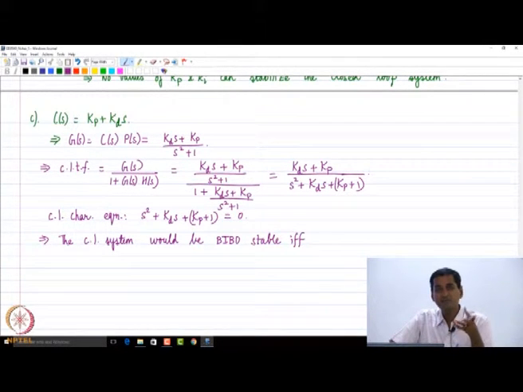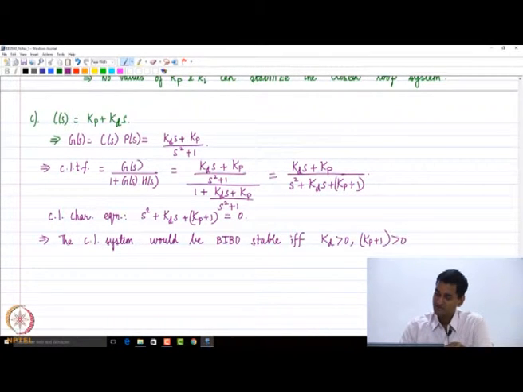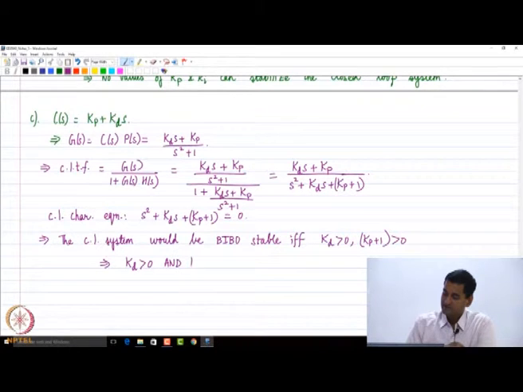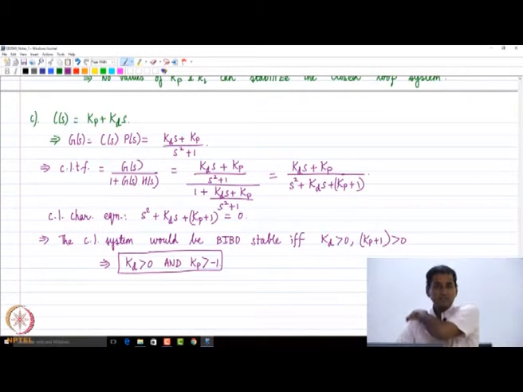The s squared term has coefficient plus 1, so already one coefficient is positive. We must have Kd greater than 0 and Kp plus 1 greater than 0. So Kd greater than 0 and Kp greater than minus 1 is the feasible region for stability.